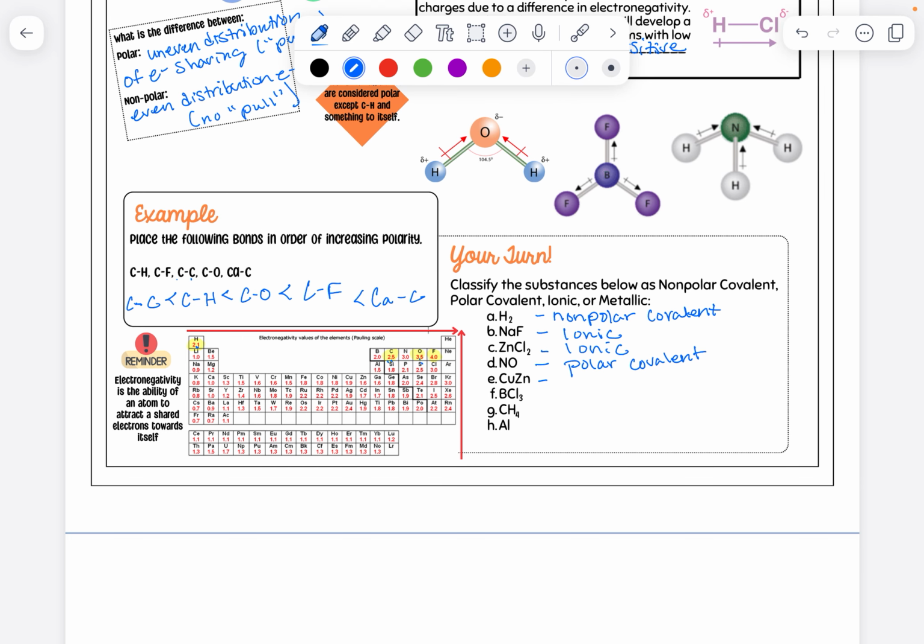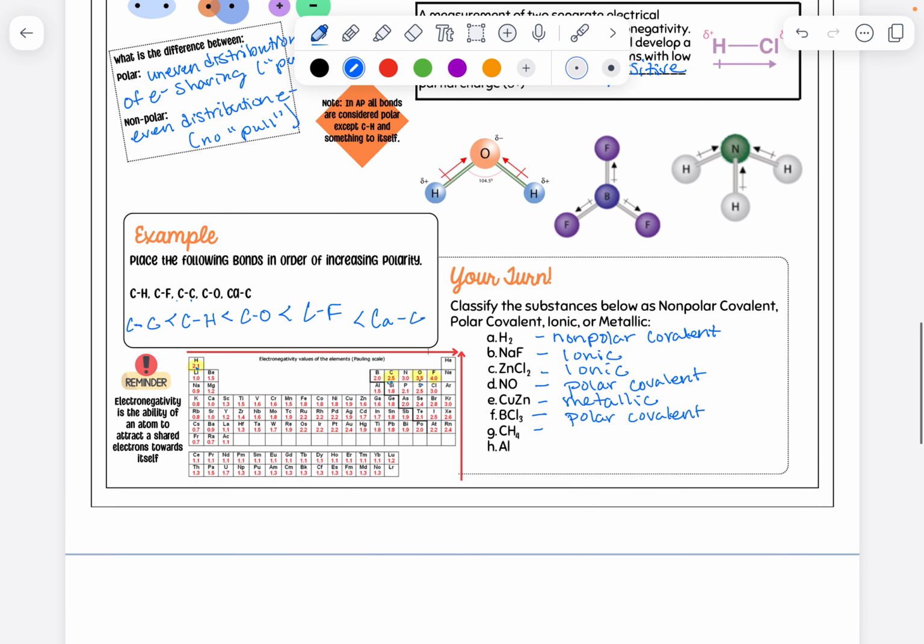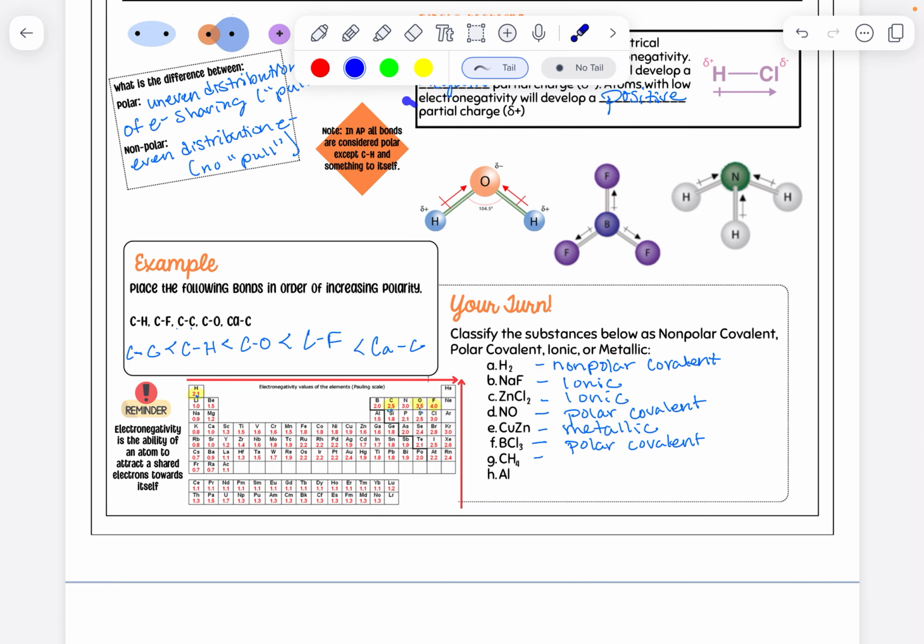Copper and zinc, two metals. That's a metallic bond. Boron and chlorine, a nonmetal and a nonmetal, polar covalent. CH4, remember CH are considered nonpolar up here in our exception.